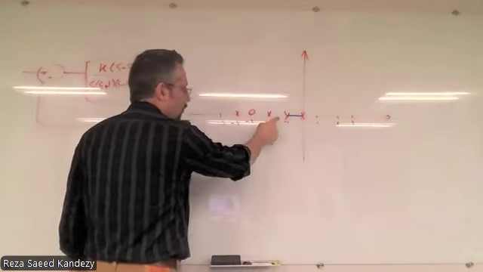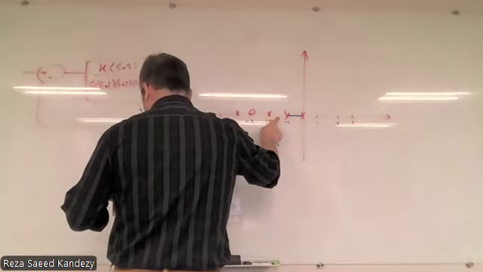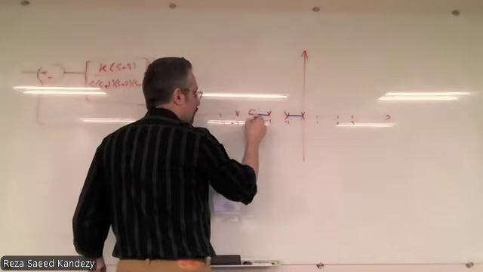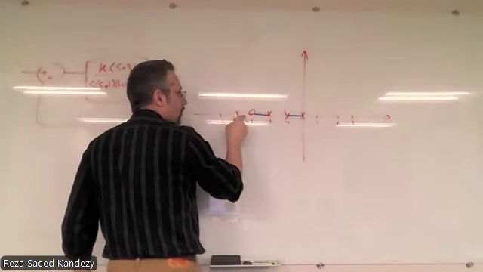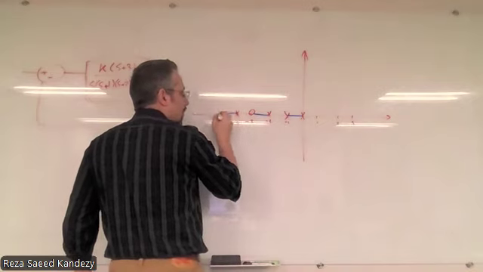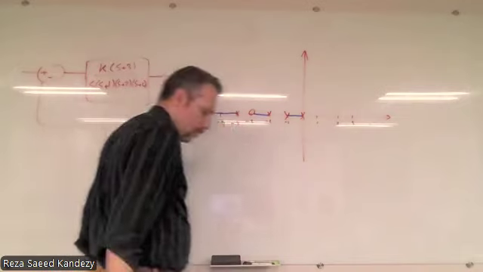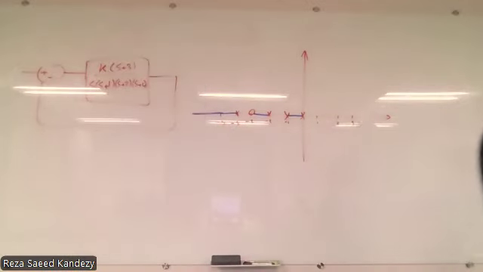Correct? Here we don't have anything. This part is also included. We don't have anything here. And then we have this section in our root-locus. Are we good?